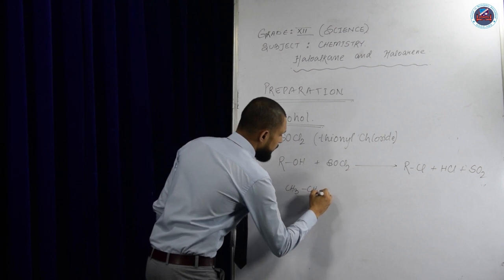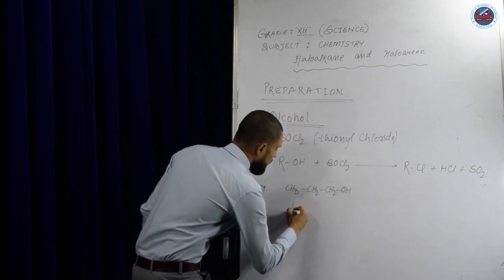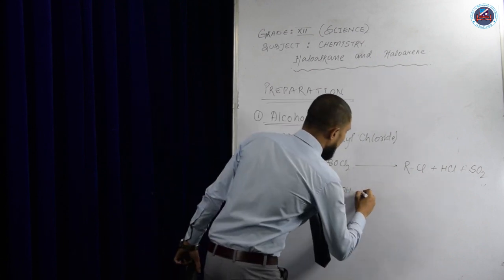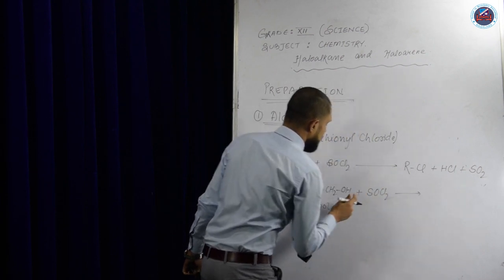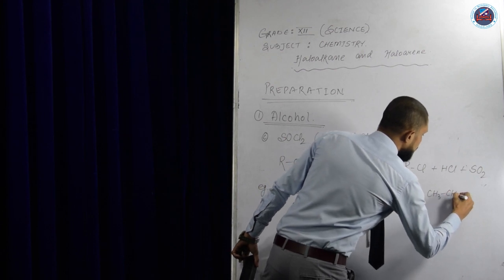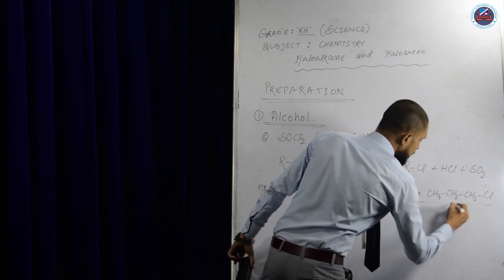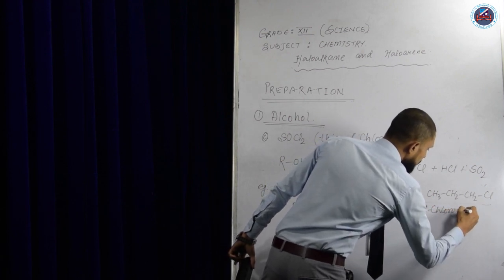Let us take an example. CH3CH2CH2OH. The name of this alcohol is propanol. If propanol reacts with SOCl2, the product formed will be CH3CH2CH2Cl. This is the main product, that is 1-chloropropane.